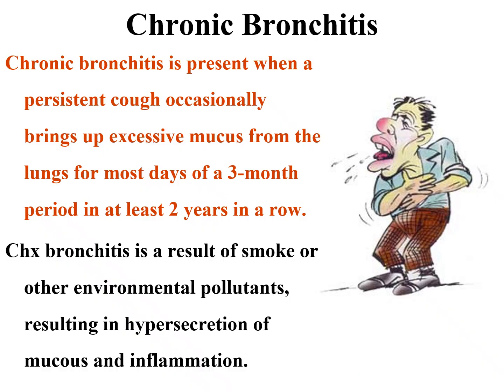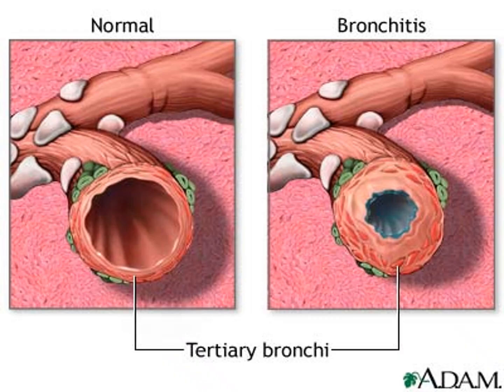exchange takes place. Here we can see on the left side of the screen a normal bronchiole, and you can see the size of the lumen, which is huge. So there is plenty of area for air to move in and out very readily.